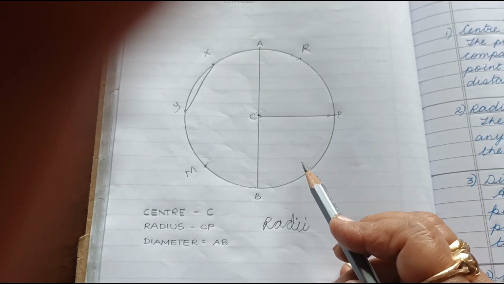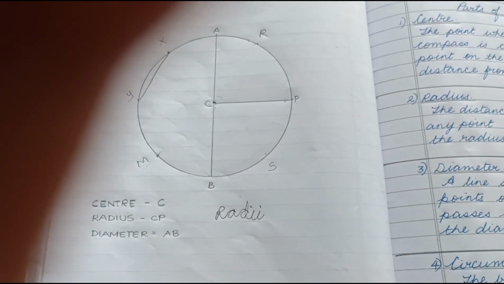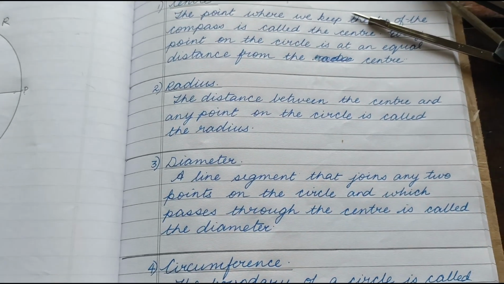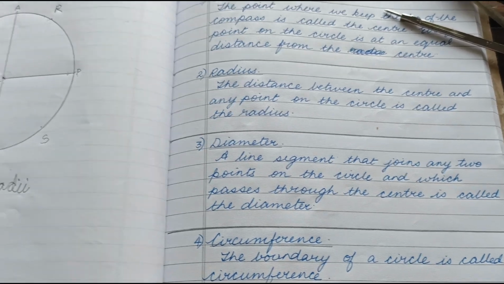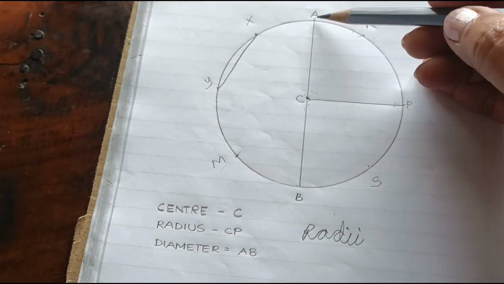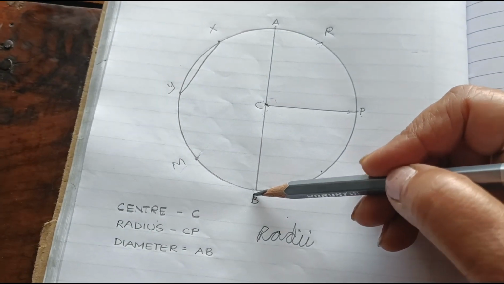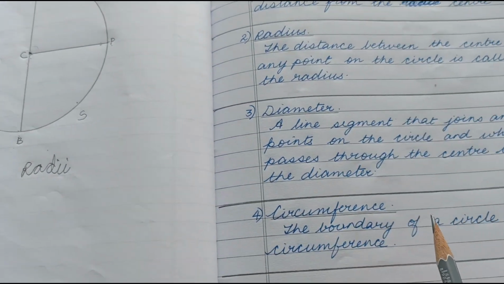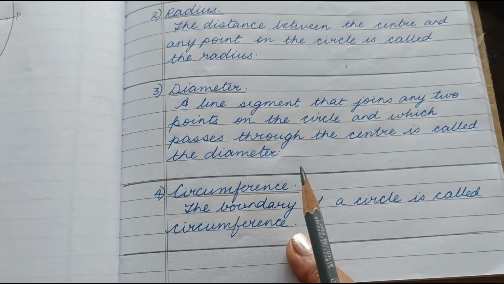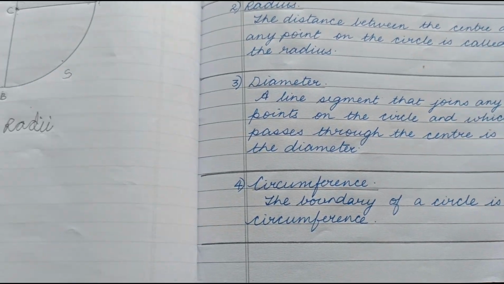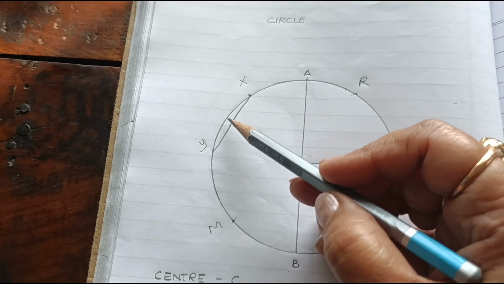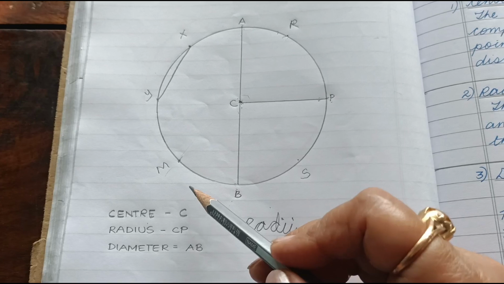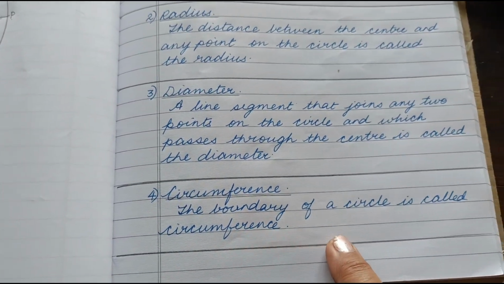Then diameter: a line segment that joins any 2 points on the circle and passes through the center is called the diameter. And circumference: the boundary of a circle is called the circumference. This outline that you see, this entire boundary, is the circumference of a circle.